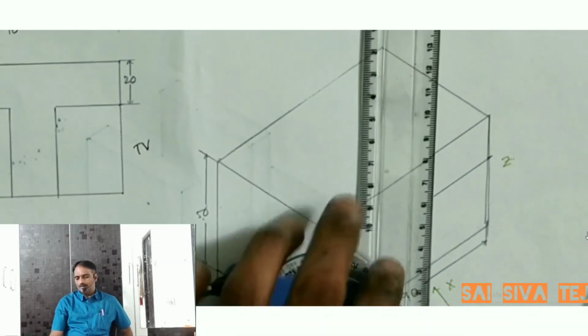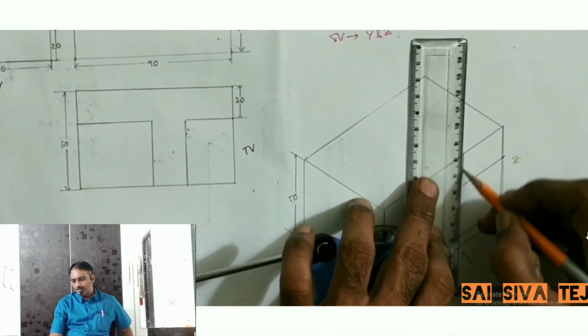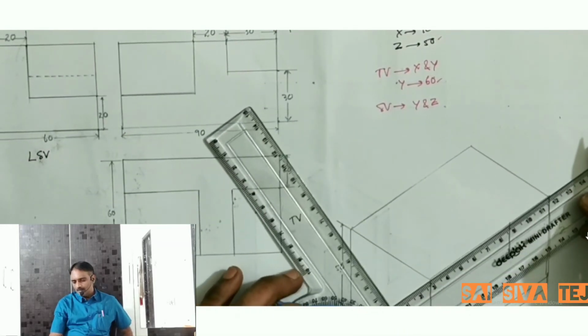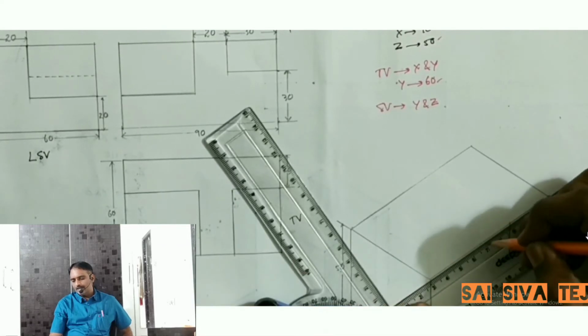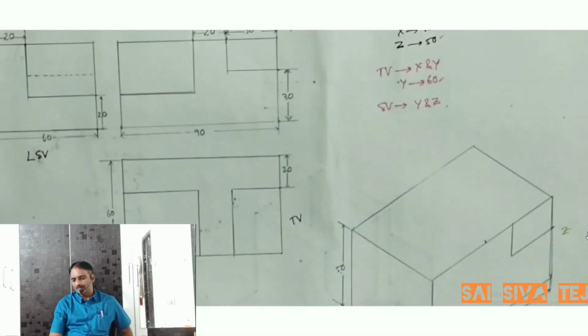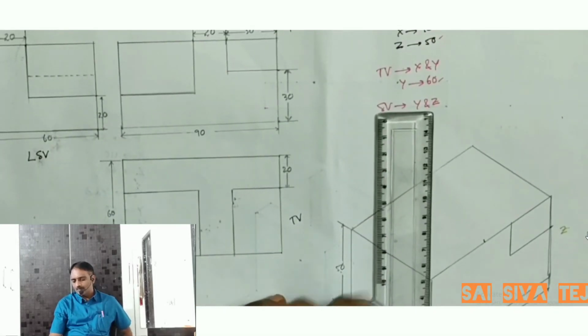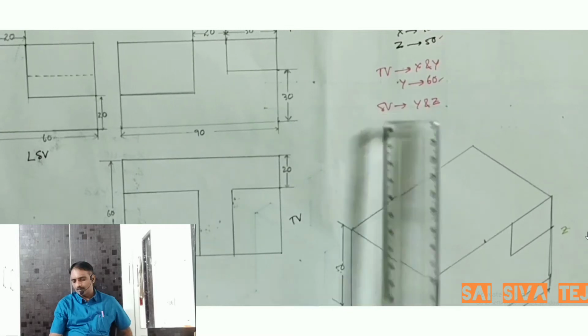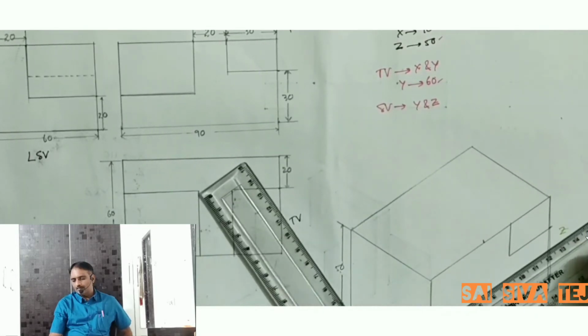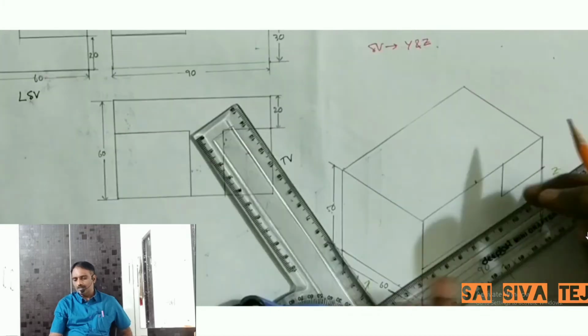In majority of the cases, we have to draw these lines along x, y or z axis only, unless we have some inclined surfaces. So whatever front view is there, I am projecting it onto the solid now.